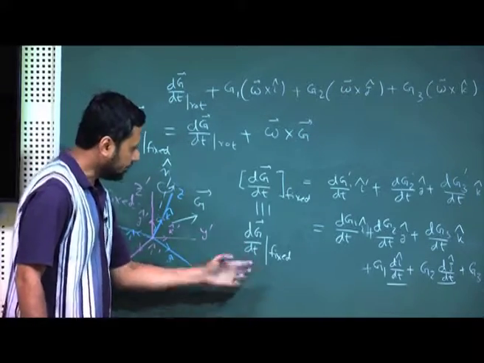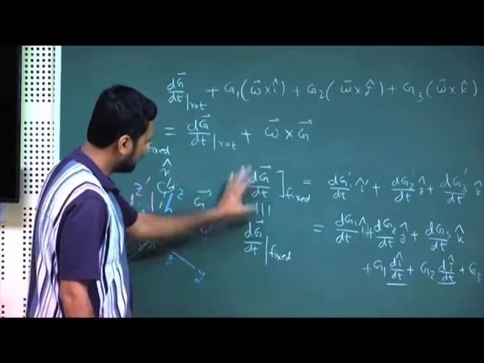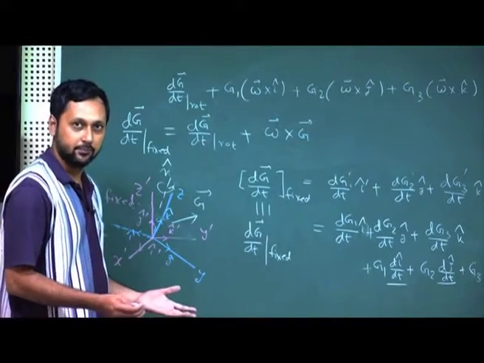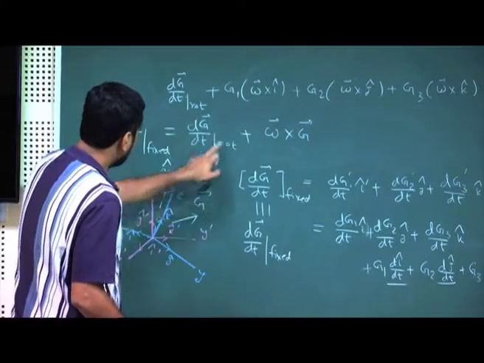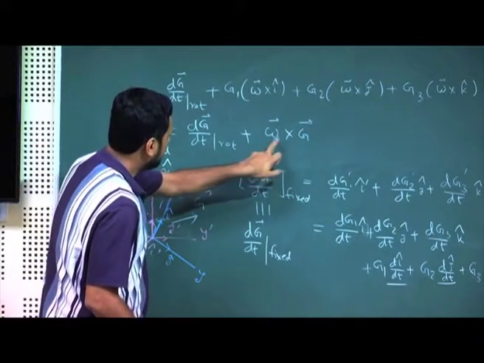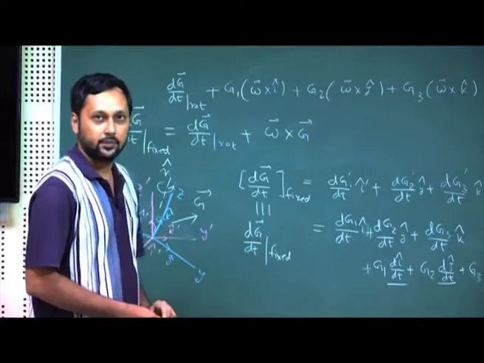Now, for a fixed frame, the instantaneous position and the overall time derivative are the same, because it is a fixed frame. For a rotating frame, there is one part which is the instantaneous time derivative, and there is a term which is omega cross g, right.